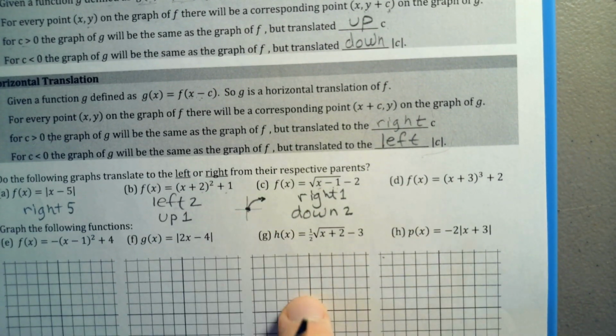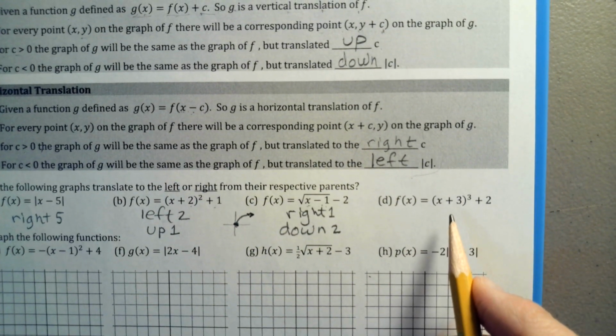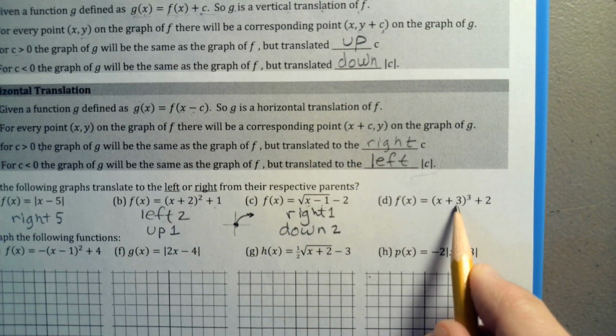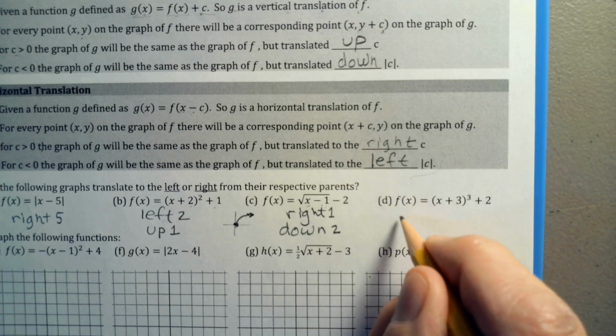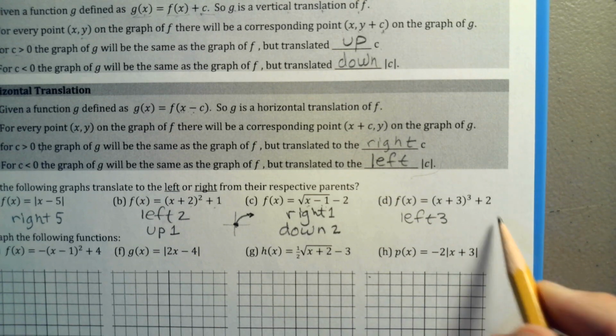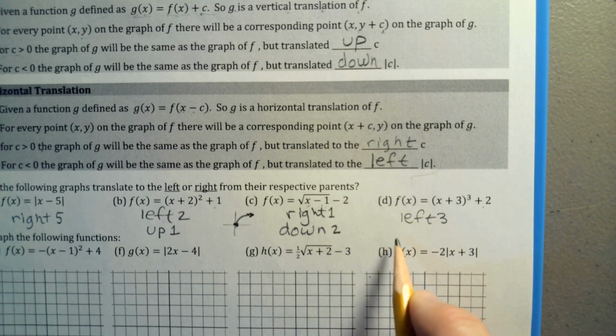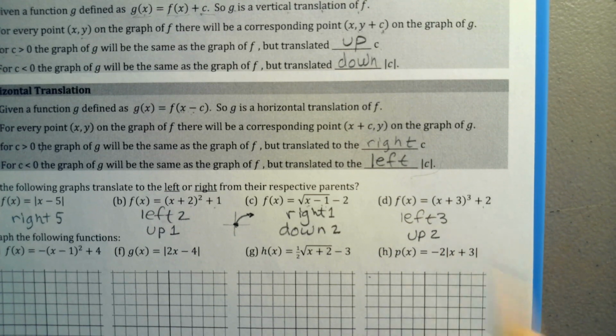We'll see an example of square root translation down here. And then this last one, plus 3, what's that going to do? It's going to go left 3. The vertex, instead of being at the origin, is going to shift over to the left 3, and it's going to go up 2.